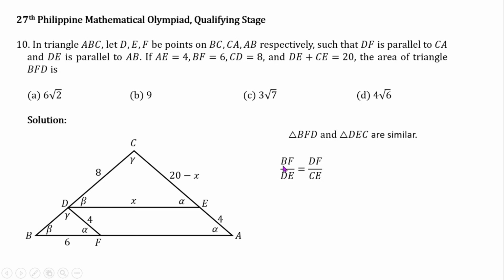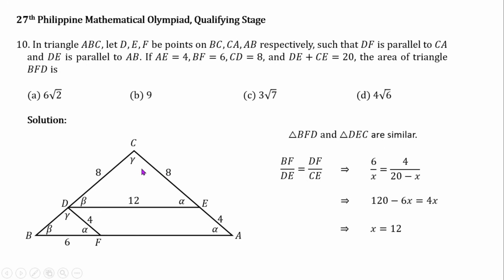So we have that BF divided by DE is equal to DF divided by CE. Alright. So we have the equation 6 over x equals 4 over 20 minus x. Now solving for x, we must get x equals 12. So DE must be equal to 12 and CE must be equal to 20 minus 12, which is 8.